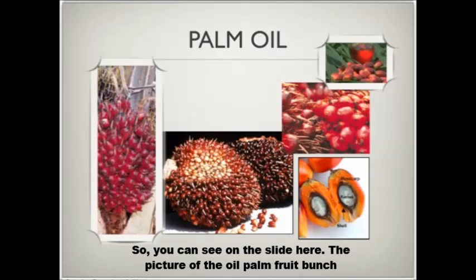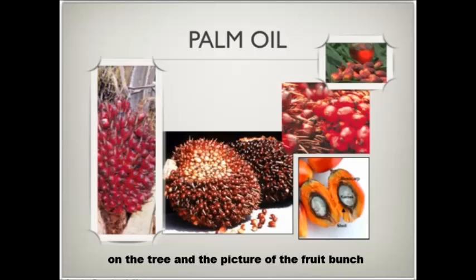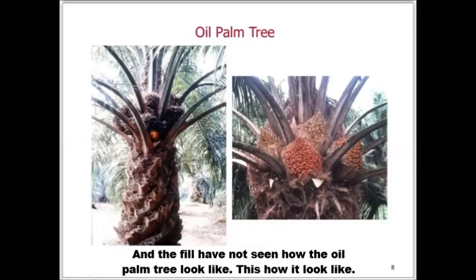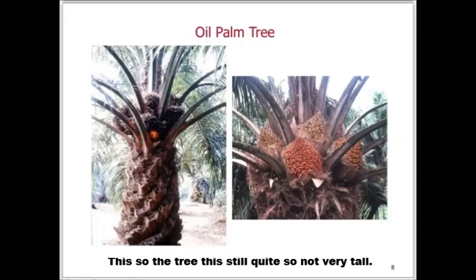So you can see on the slide here the picture of the oil palm fruit bunch on the tree, and this is a picture of the fruit bunch and the cross section of the fruits. And if you have not seen what the oil palm tree looks like, this is how it looks.